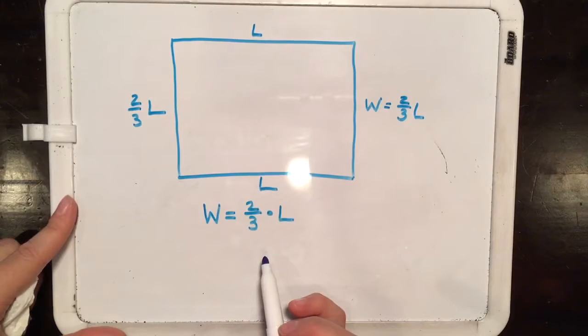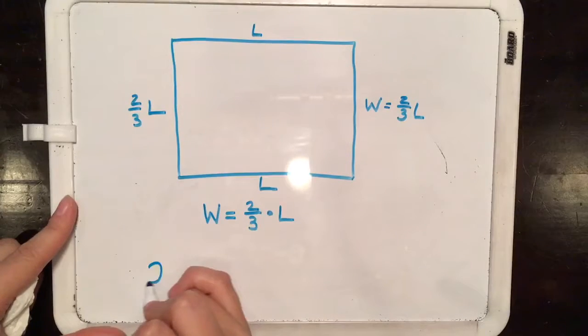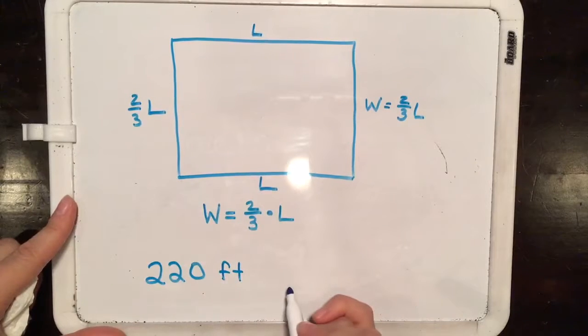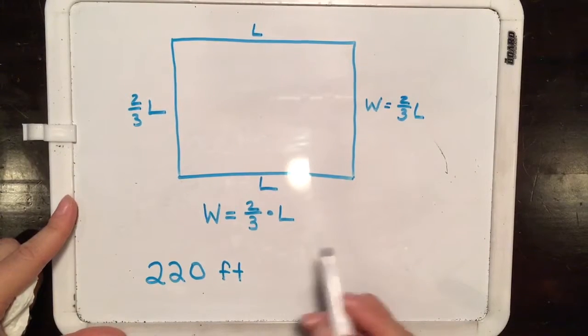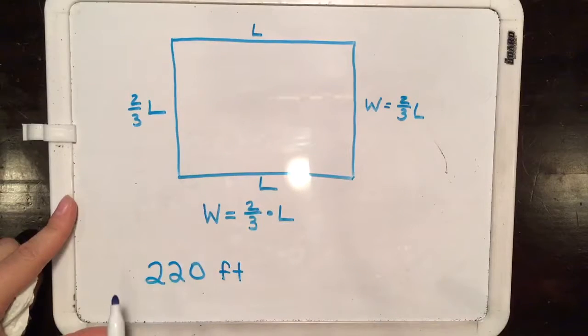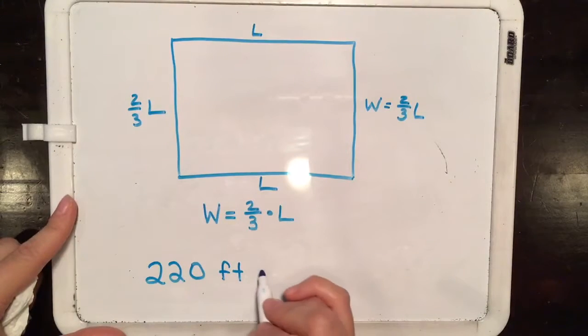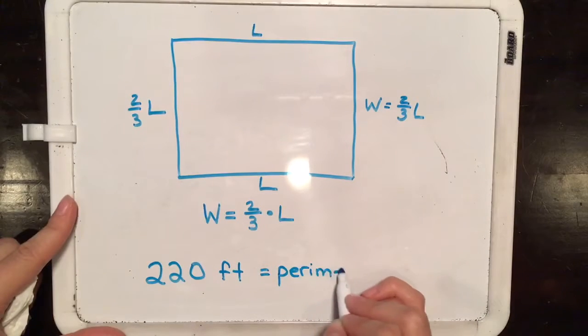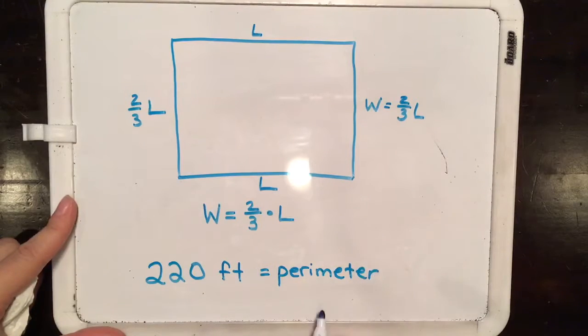We're also given information that we are using 220 feet of picket fencing. The picket fencing is going to surround our rectangular garden. So 220 feet is the perimeter of the rectangle.